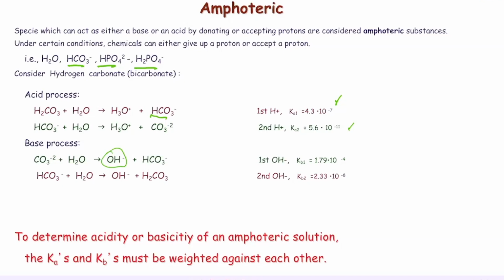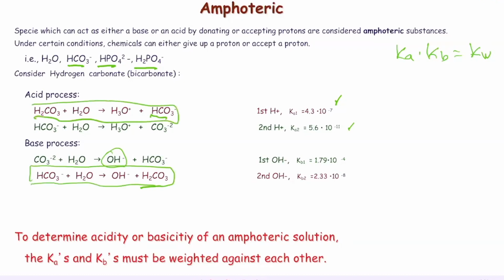And then bicarbonate can pick up another hydrogen and form carbonic acid, and it has a Kb2. Remember I told you from last time, Ka times Kb equals Kw, but only if they are conjugate pairs. So these right here have the same conjugate pairs, carbonic acid and bicarbonate.